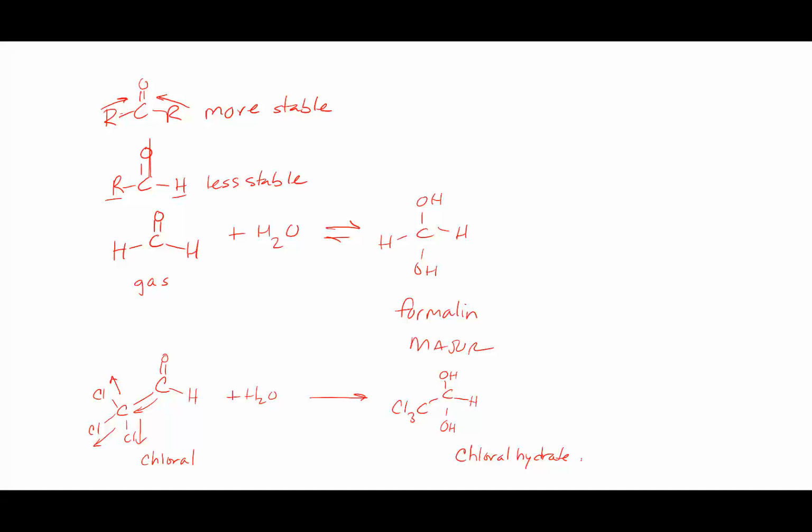So you can use this approach of attaching electron withdrawing groups like halogens to the carbon attached to the carbonyl, and it will push the equilibrium to the right. So again, what we're doing is we're making the reactant unstable to push it to the right.